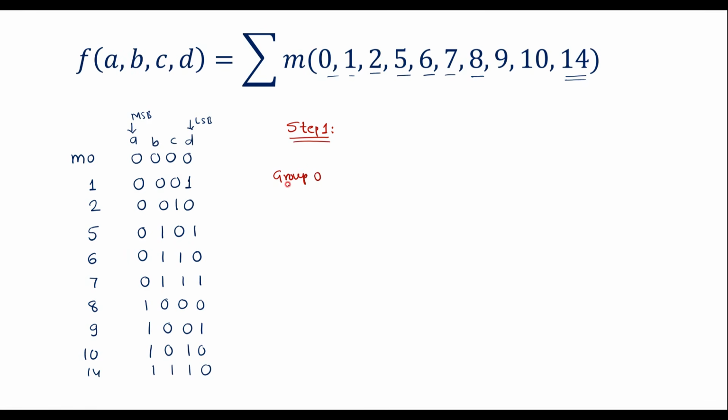In group 0, I will consider the numbers which have only zeros. So here I have 0, and I can represent minterm 0 as 0, 0, 0, 0. The first 0 is with respect to variable A, then B, C and D.